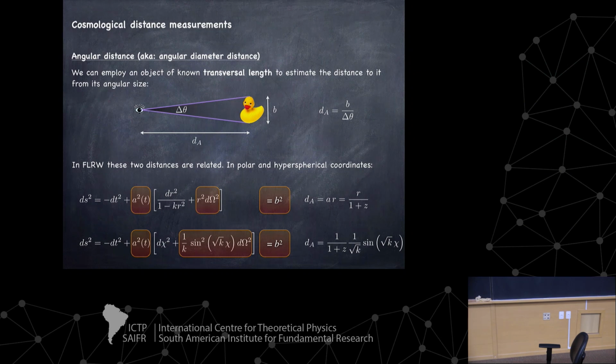The null geodesic tells you that dt over a of t is equal to d chi, basically. Then you can integrate, and you can relate the radius in hyperspherical coordinates to an integral over the scale factor, which you can also turn into an integral over redshift and the expansion rate. This is another exercise that I'll leave for you later.